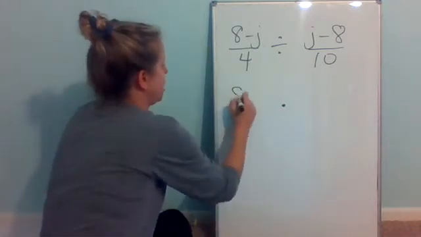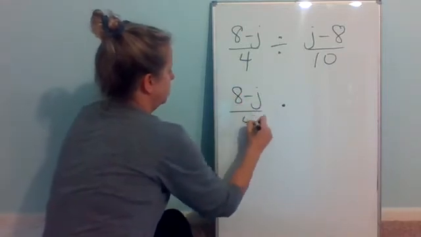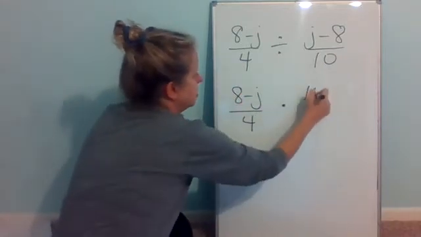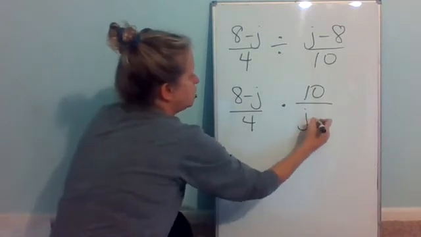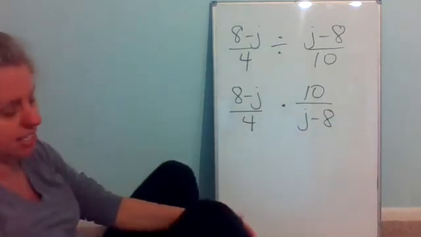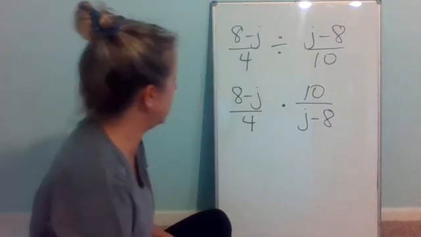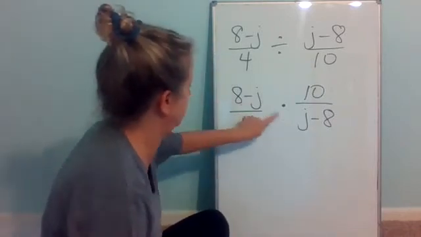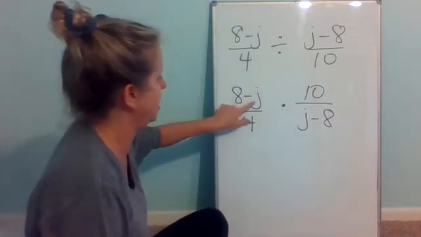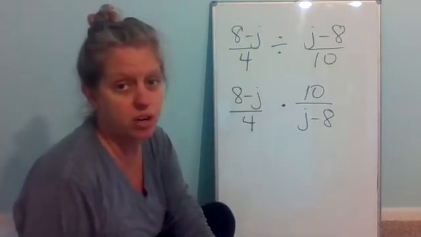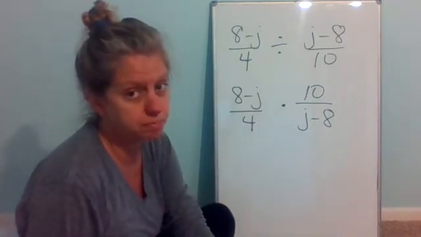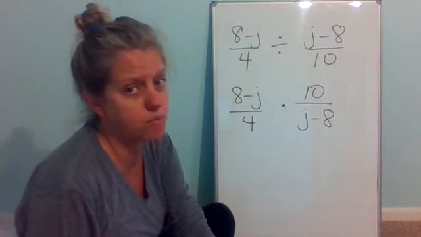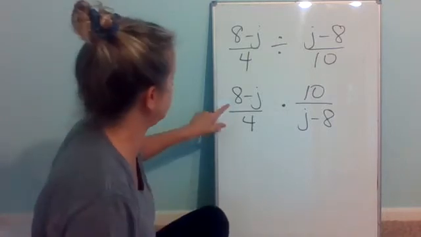So I've got 8 minus j over 4 times 10 over j minus 8. What I want to concentrate on is these two spots right here. I'm thinking they're either going to cancel and make a 1 or cancel and make a -1. So let's see what's happening here.